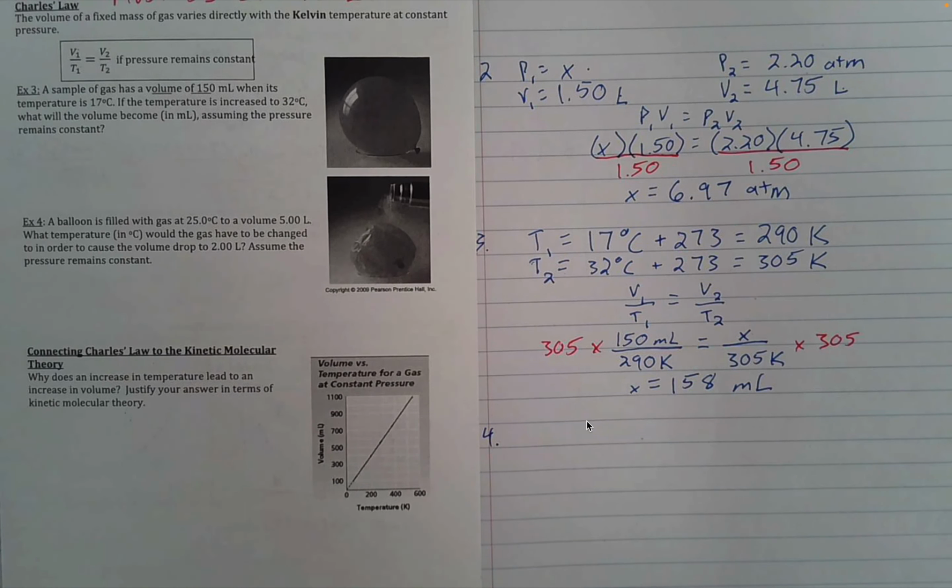So we started with 25 degrees Celsius, right? Another thing I like to do is whenever I read it, I know I'll have to convert it to Kelvin, so I'm going to cross it out. I'll take 25 and add 273, and that's going to be 298 Kelvin. That way I don't have to worry about that.